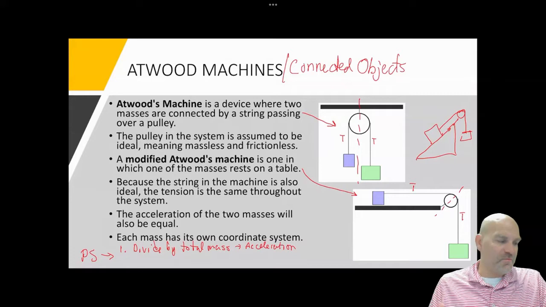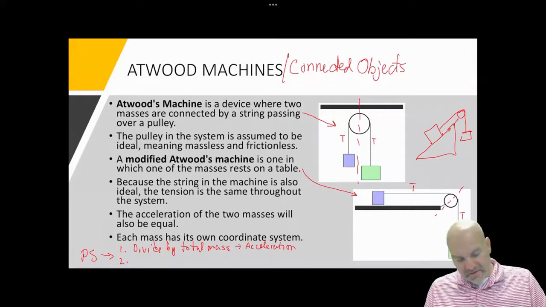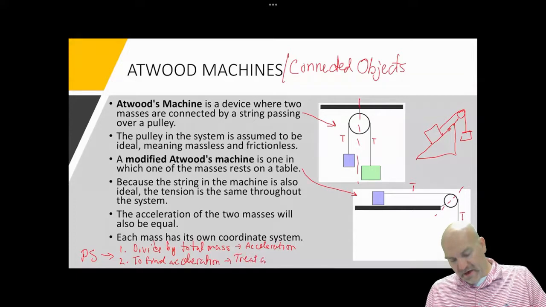Now, there are multiple methods here. My recommendation is to find the acceleration by treating it as a single system. You're still going to do draw, sum, solve, but you treat it as a single system because that takes tension out of the process.